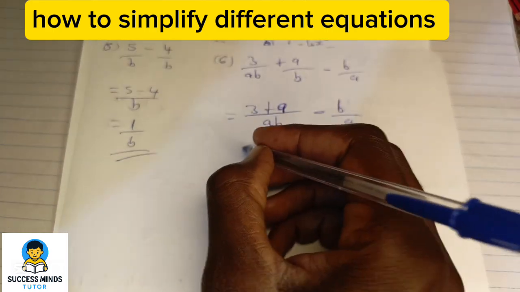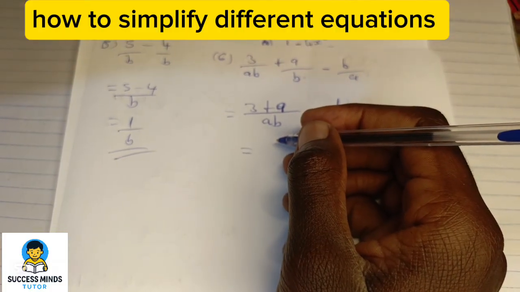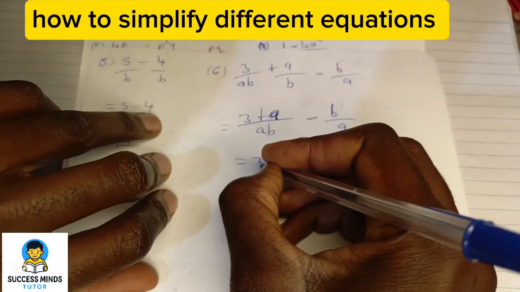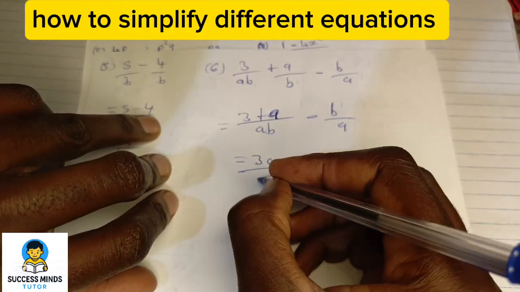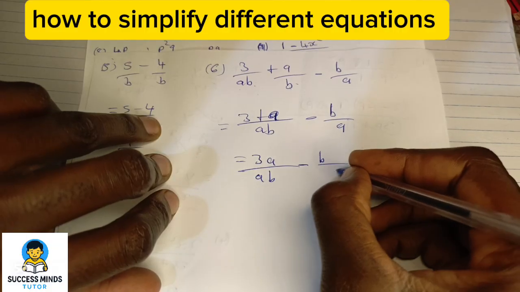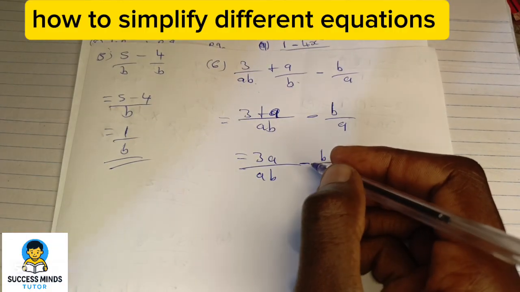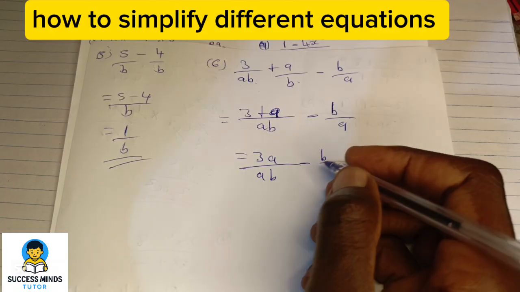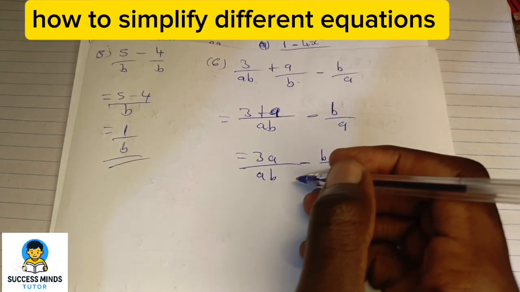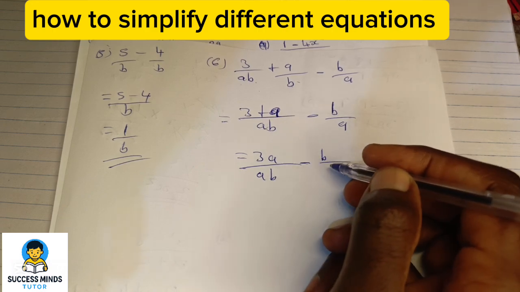So we're going to say equals, okay, guys, so this is a, so it's going to be 3a over ab minus b over a. Since we have the common denominator, which is ab, we're going to subtract from it, so there is a minus there.